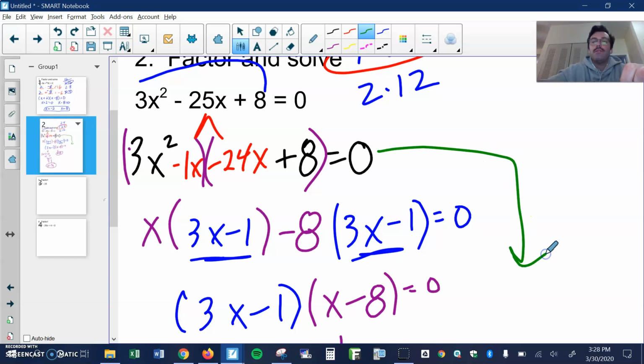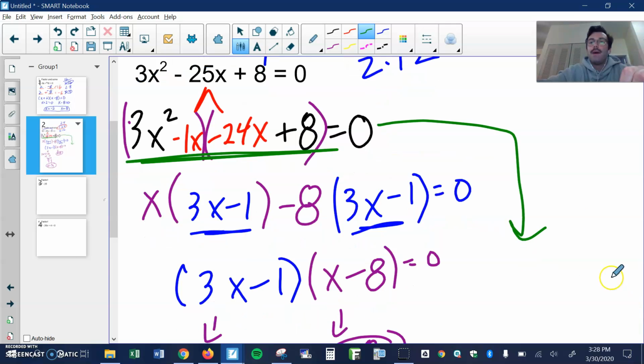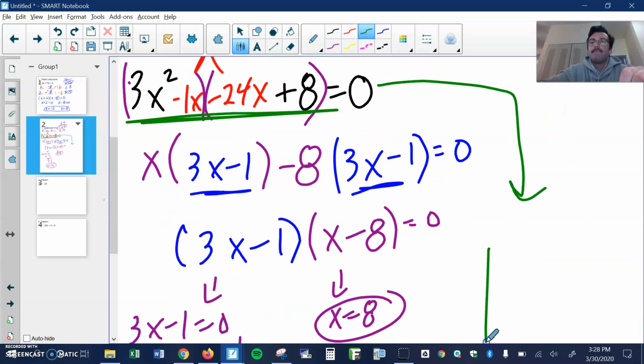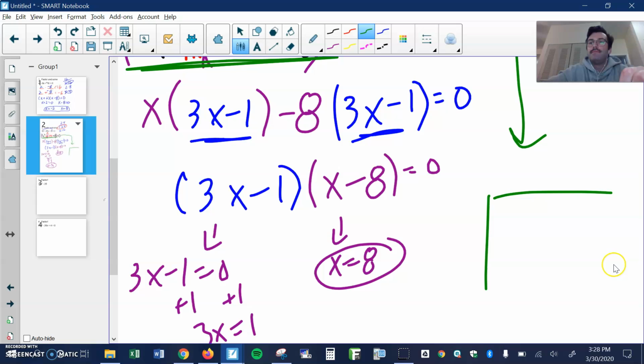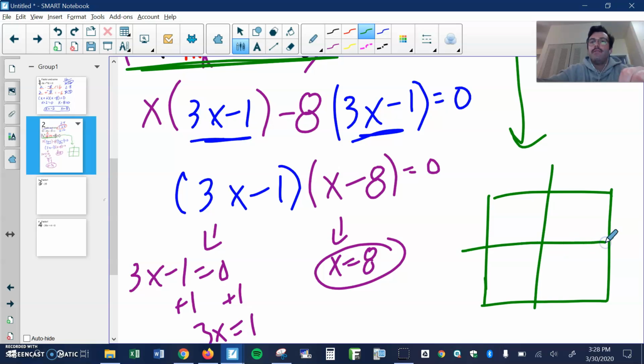All right. So from these 4 terms, box method people, I'm going to make my box, where I had 3x squared minus 1x minus 24x and plus 8.